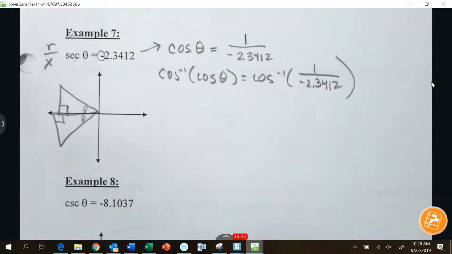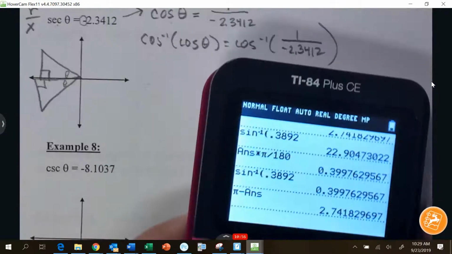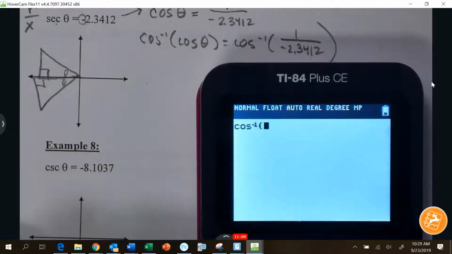Put it in degree mode. If you're following my graphing calculator, put it back in degree mode. So we'll do second cosine of 1 divided by negative 2.3412.